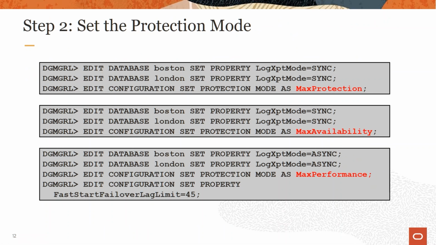Now you know what is maximum protection, maximum availability, and maximum performance, and also the actual requirements. The redo transport requirement of maximum protection is synchronous, maximum availability is either sync or fast sync, and maximum performance is async.